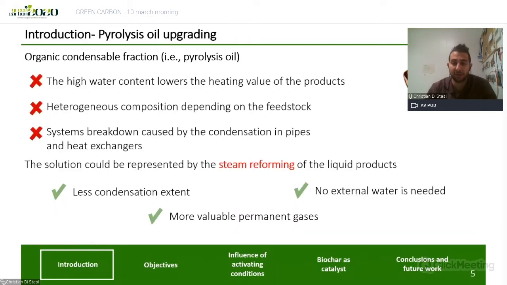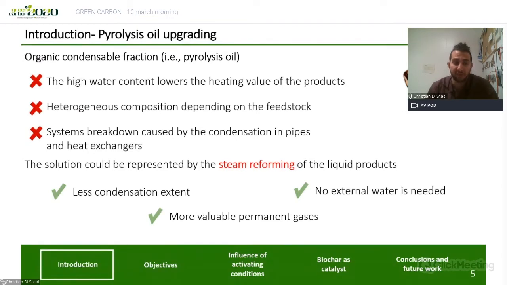The main drawbacks of this bio-oil are that it has a very high water content, depending on the process, which makes it not employable for fuel applications. Its heterogeneous composition depends strictly on the process and on the feedstock. And the most important one is that it can condense in the reactor, in the pipe system or in the heat exchangers, causing breakdown of the system.